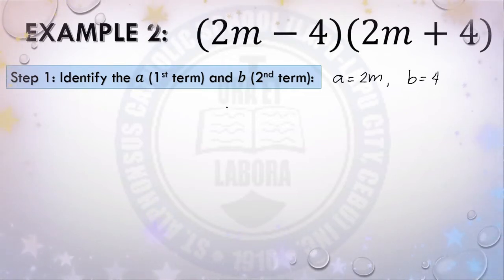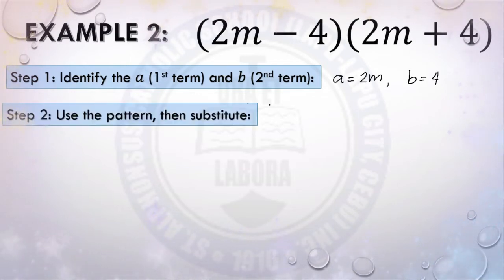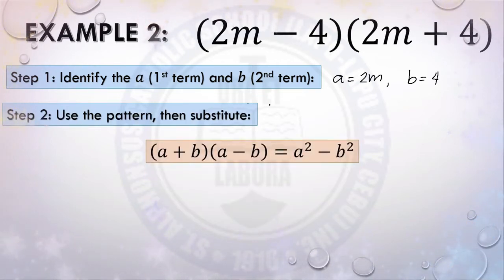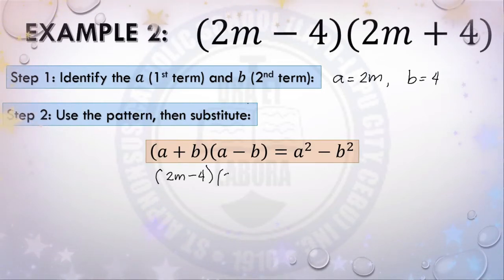After identifying the first and the second term, then you can proceed to step 2, which is use the pattern, then substitute. The pattern is a squared minus b squared. So you will copy first the given, 2m minus 4, 2m plus 4, so that you will be guided.